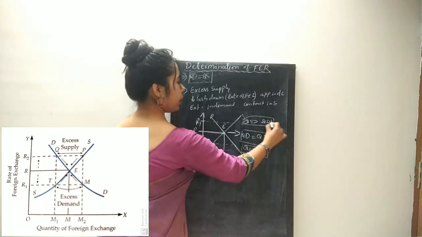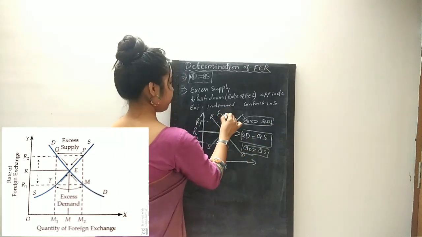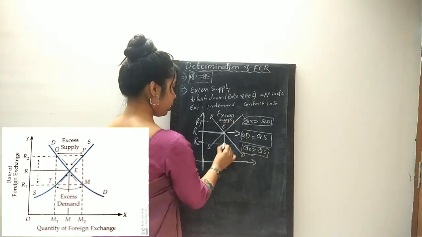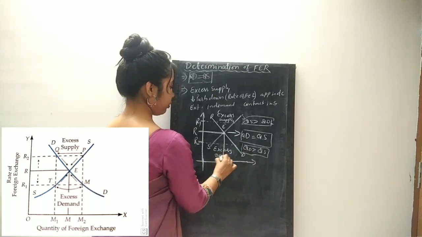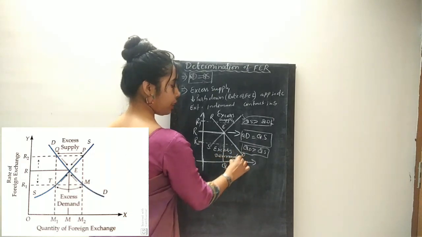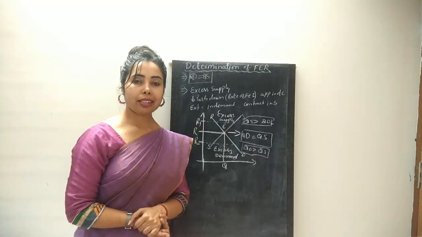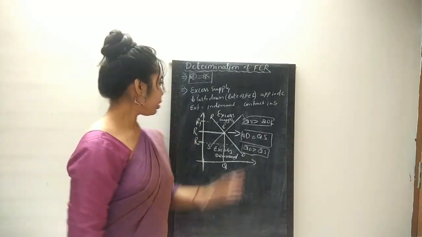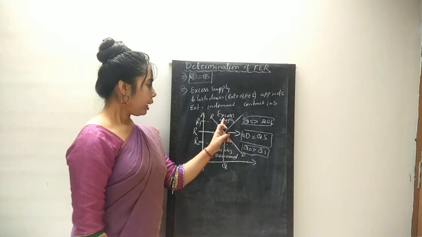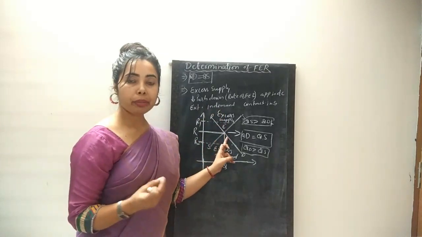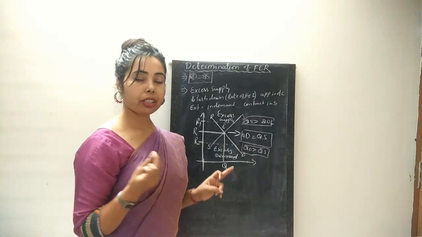This situation is known as excess supply, and this situation is known as excess demand. You have already studied this concept last year in class 11th. It is the simple concept of excess supply and excess demand, and this is known as the equilibrium rate of foreign exchange.